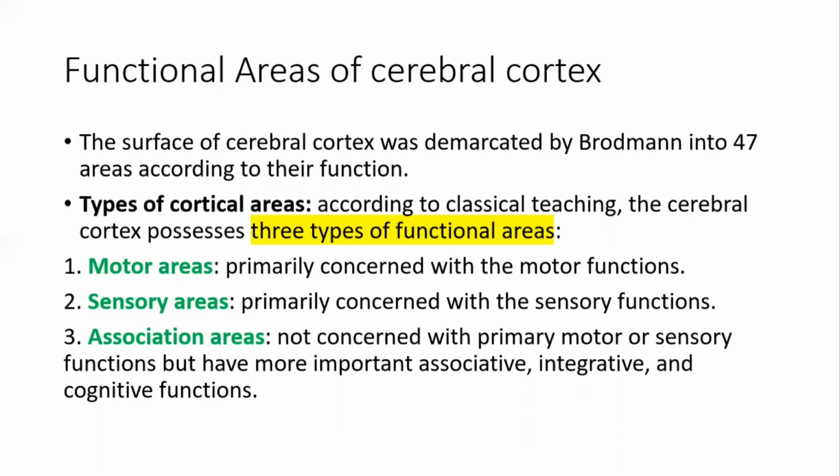And the motor ones take the response to that stimulus from the central nervous system to the peripheral nervous system. But the association ones are different. They're not concerned with any primary motor or primary sensory function. They have important associative, integrative, and cognitive functions, like comprehension and other complicated processes.